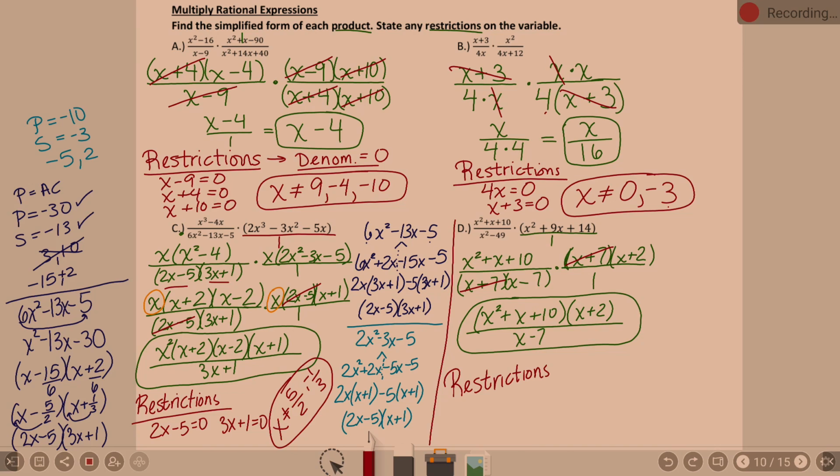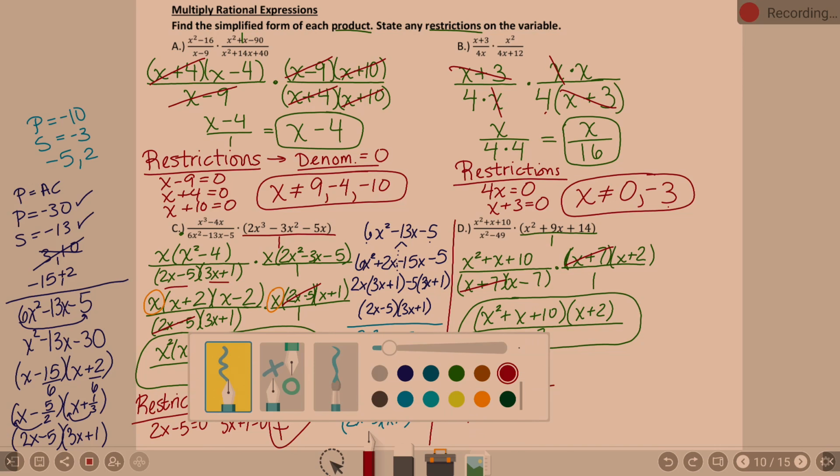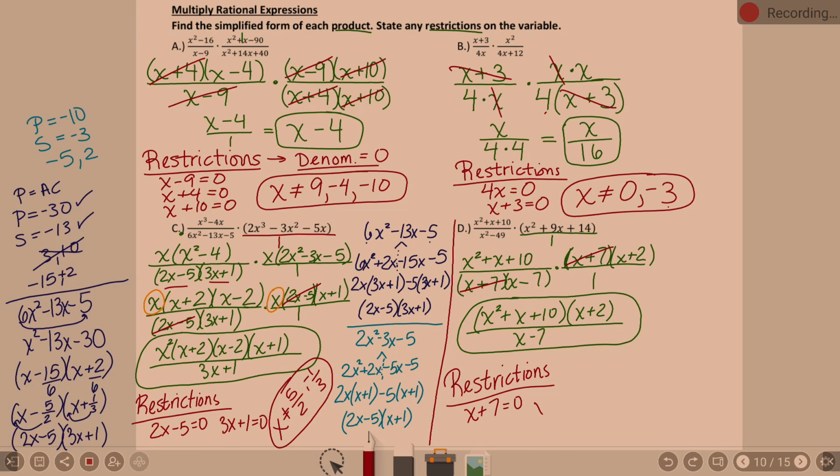Did you get any restrictions? Yes. 7, negative 7. Set each denominator equal to 0, which my denominators were x plus 7 and x minus 7. So x cannot equal positive 7 and negative 7, or plus and minus 7. So where does the 1 go?